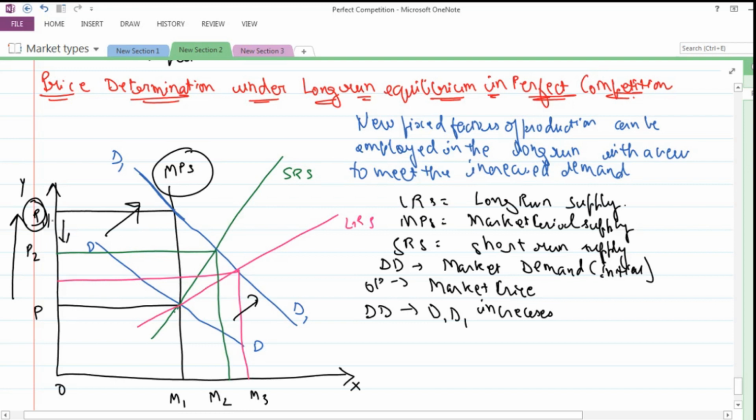The prices will come down because the supply is able to meet up the demand. So the prices will fall down from OP1 to OP2. The new price which is established in the short run is OP2.